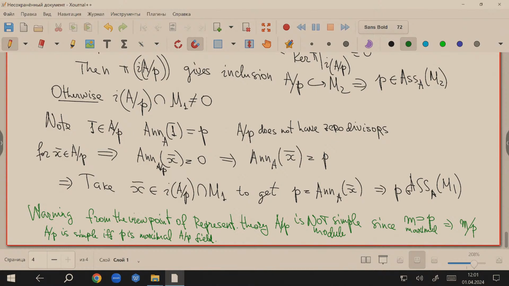It is just to compare these things with representation theory.